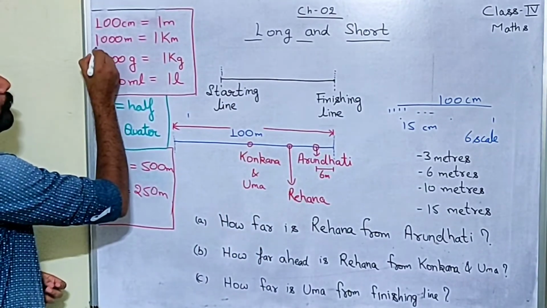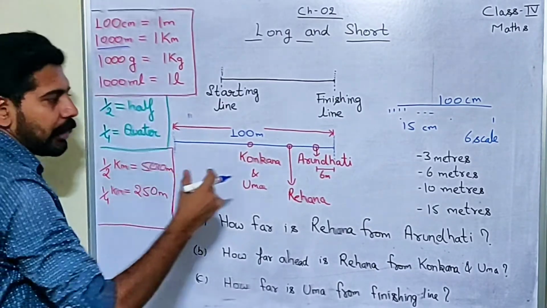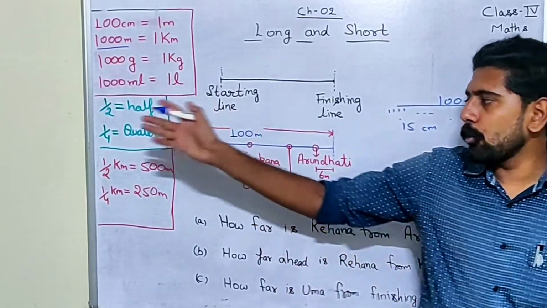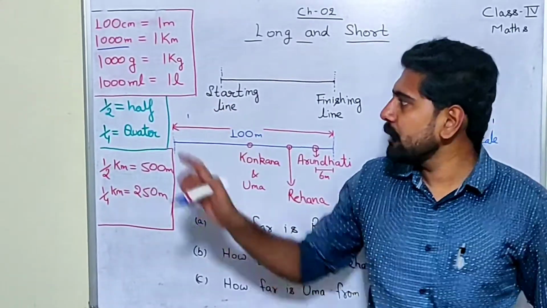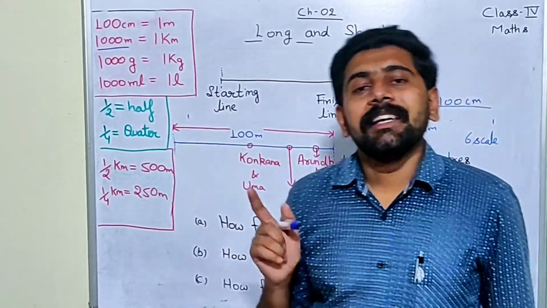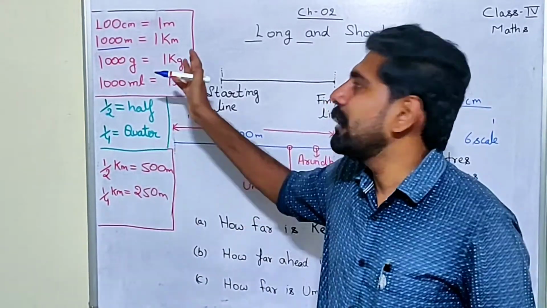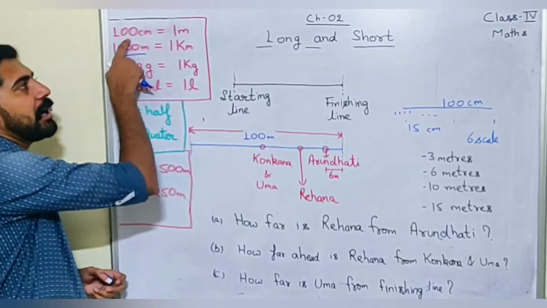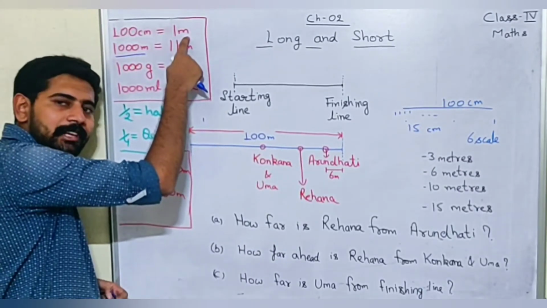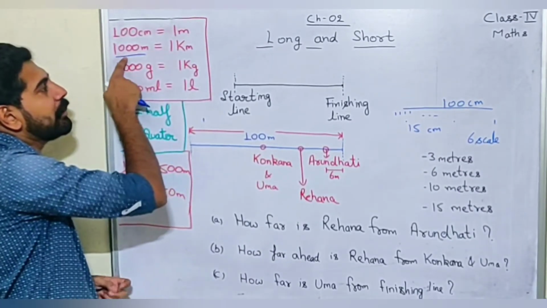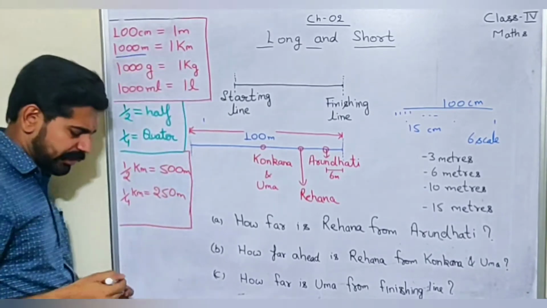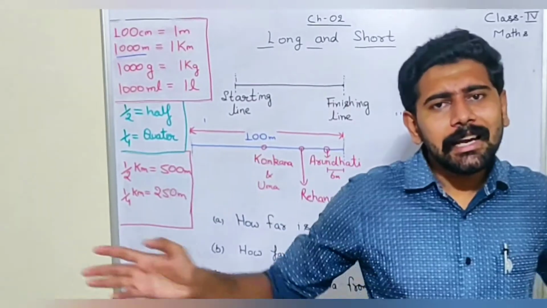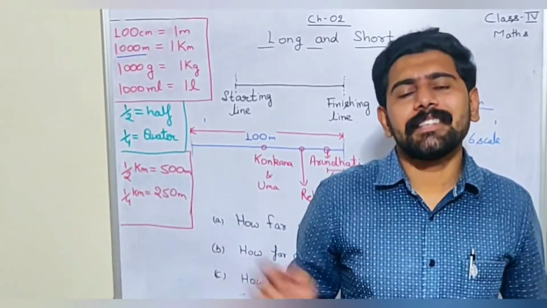Again, if we measure a length from the starting point to the ending point as 1000 meters, then it is known as a kilometer. What is it known as? Kilometer. There are 100 centimeters in every meter, and there are 1000 meters in a kilometer. Okay, these are the units to measure length, to measure distance.